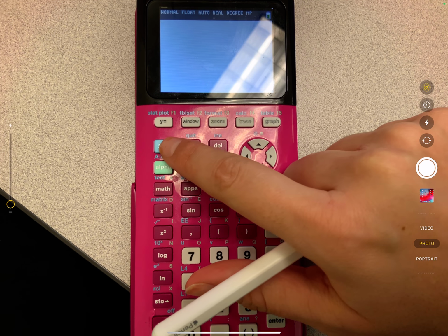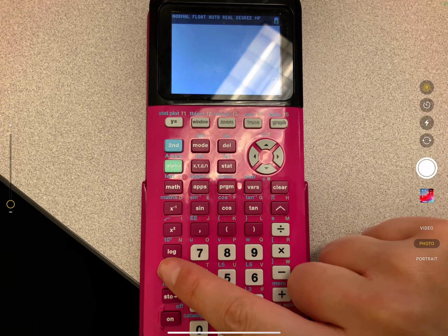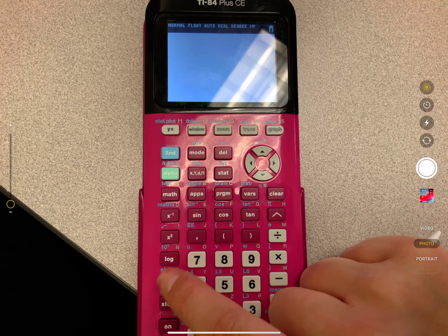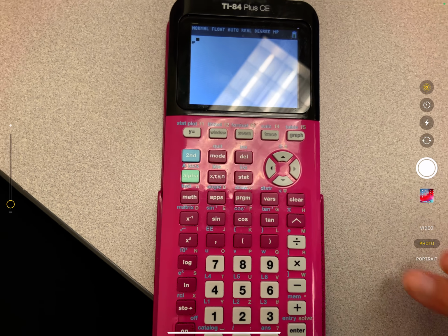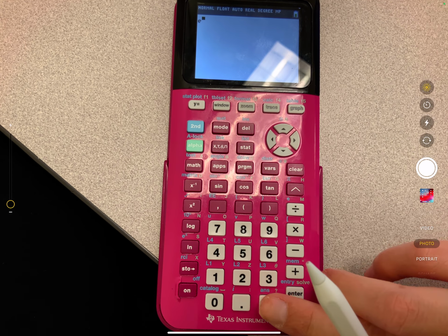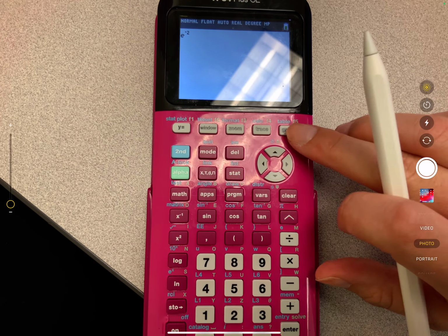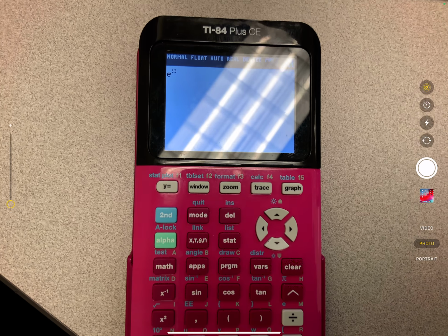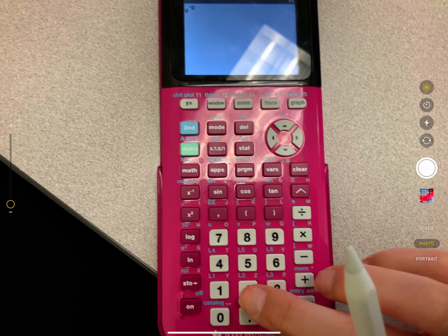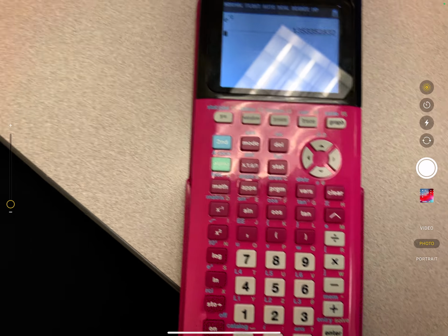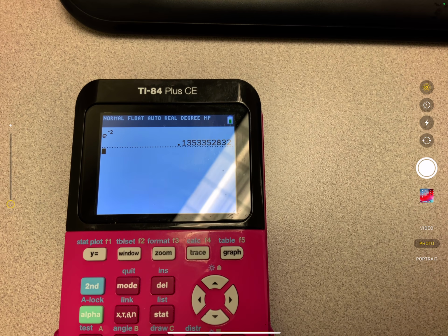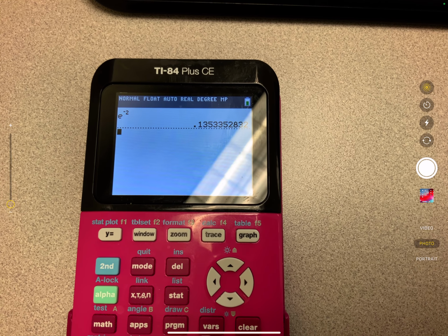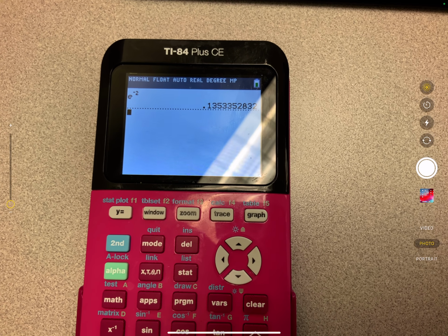Hit the blue button so you can get the blue function. Then we have e, and then we put in negative 2 and hit enter. It's a small decimal, because it's 1 over e squared.